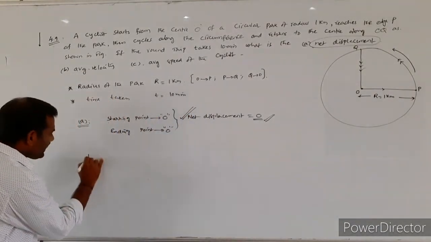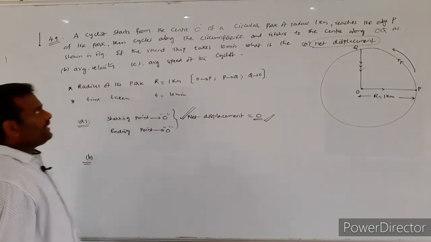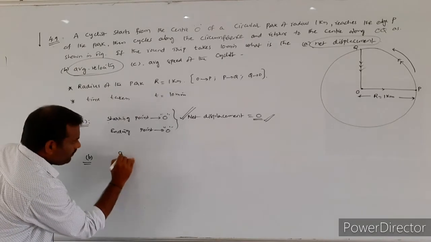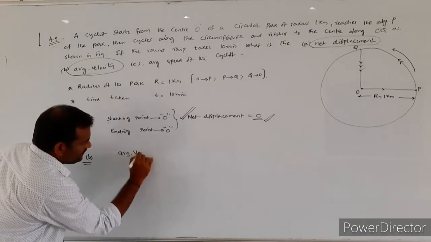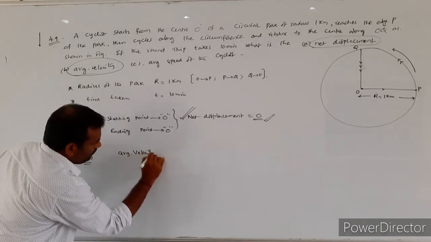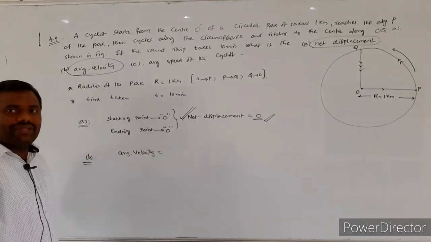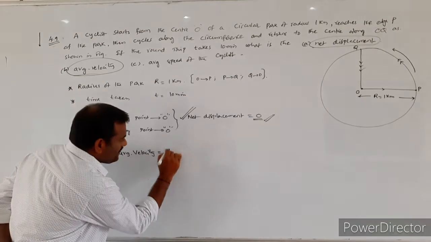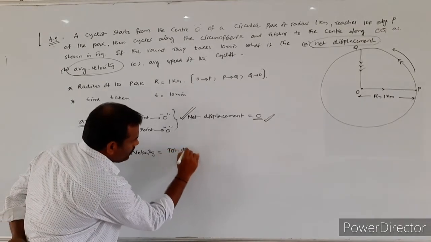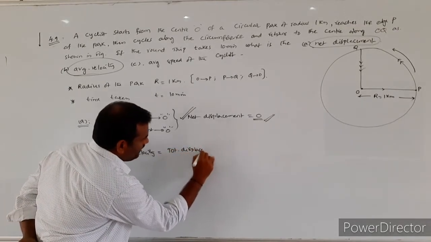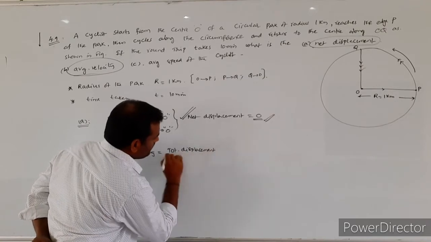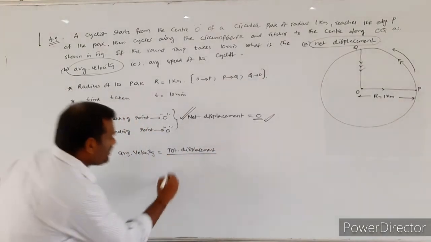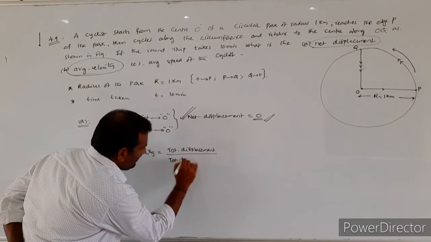Next, the second question they are asking: average velocity. We know the formula for the average velocity. Average velocity is defined as total displacement covered by the cyclist divided by total time taken.